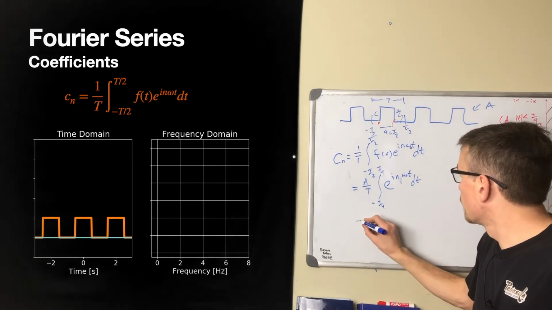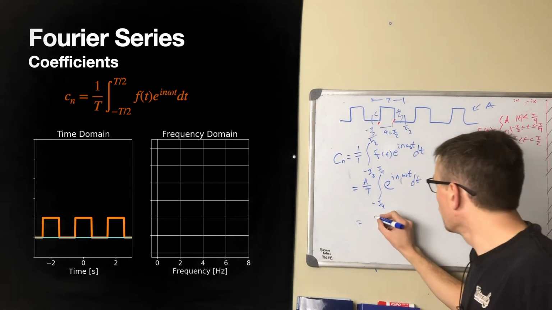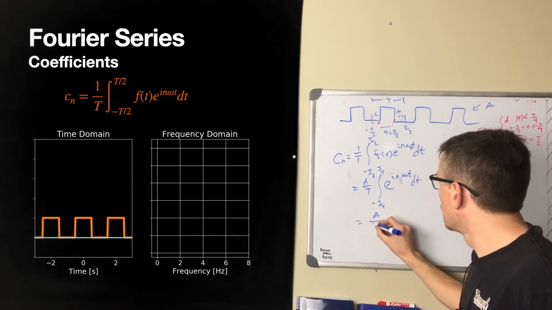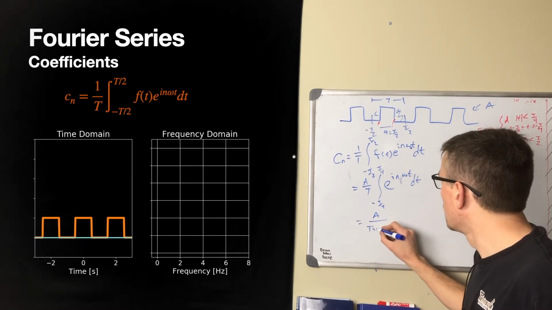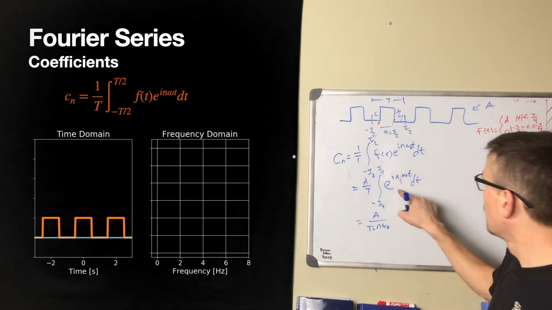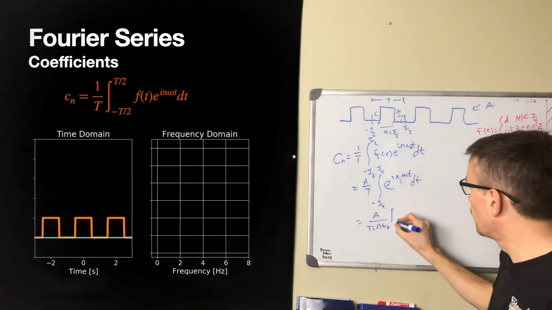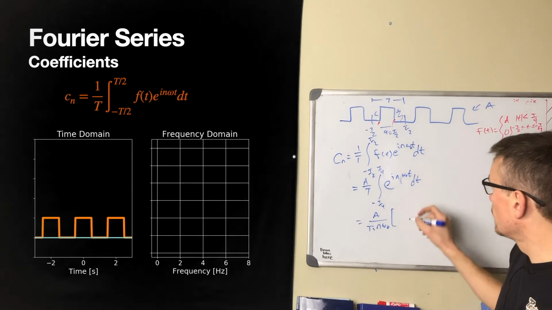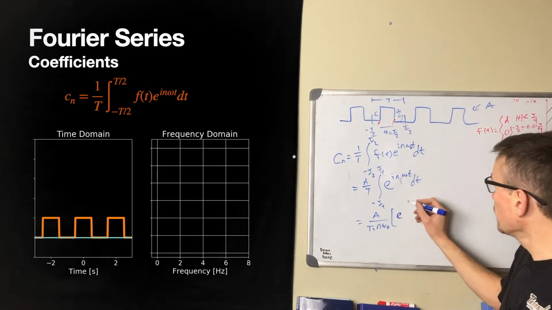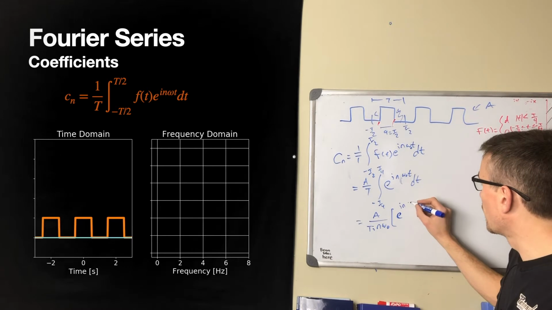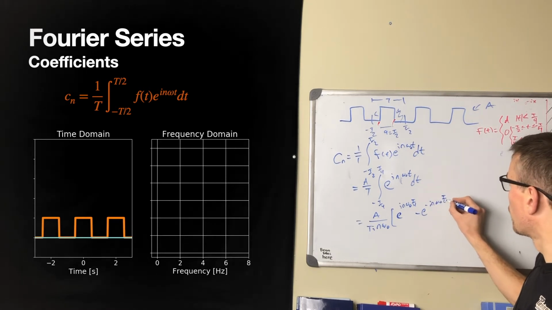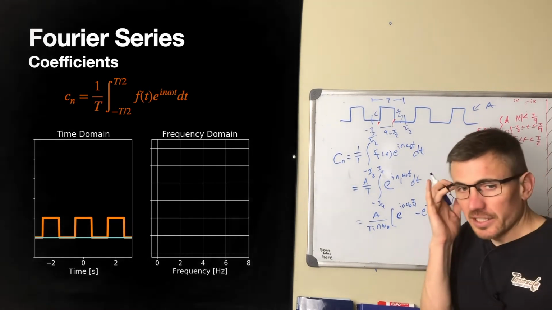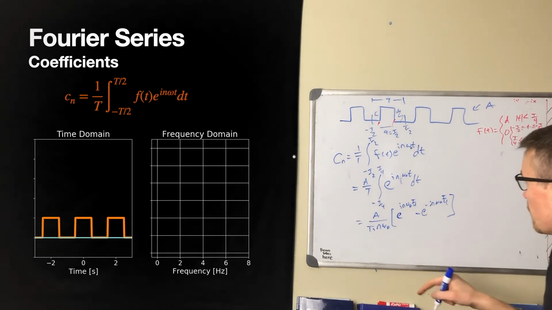So if we integrate it, we get a 1 over i n omega naught, A over T times that, and the value of this integral is evaluated at its endpoints, so it's e to the i n omega naught times T over 4 minus e to the minus i n omega naught times T over 4. Okay, and let's do a little bit of simplification.